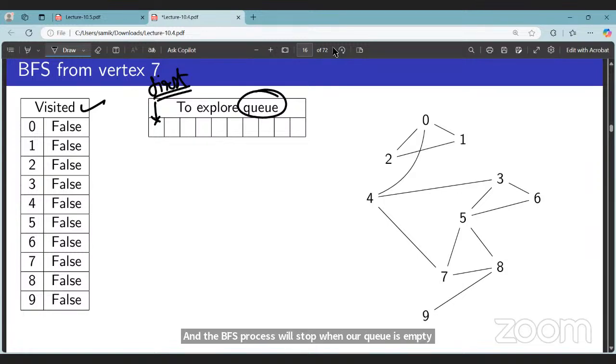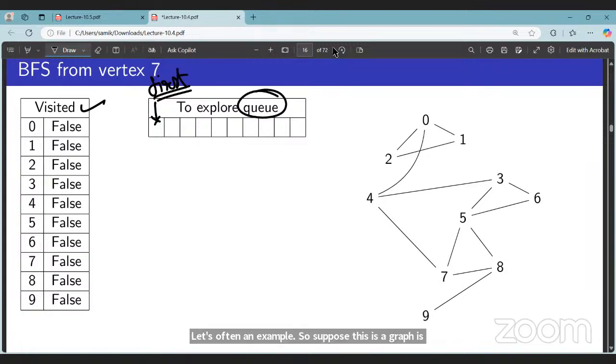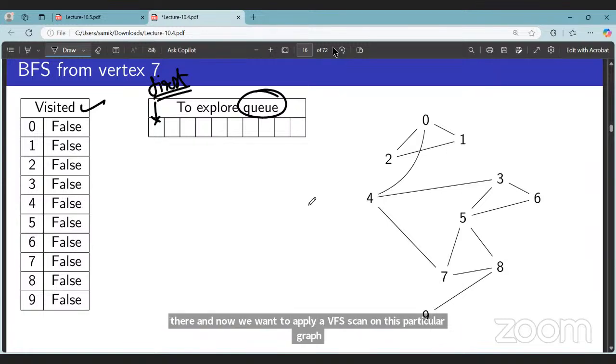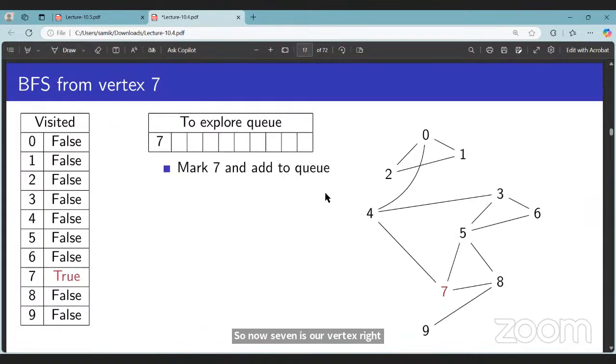Okay, so let's work on an example. Suppose this is a graph, and now we want to apply a BFS scan on this graph starting from vertex number 7. So we'll start with vertex number 7.